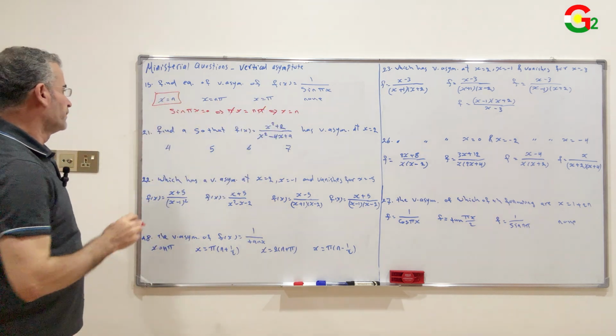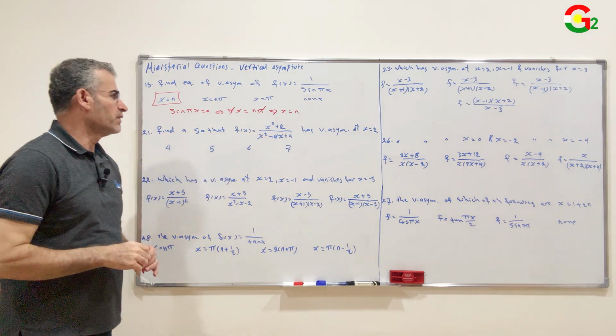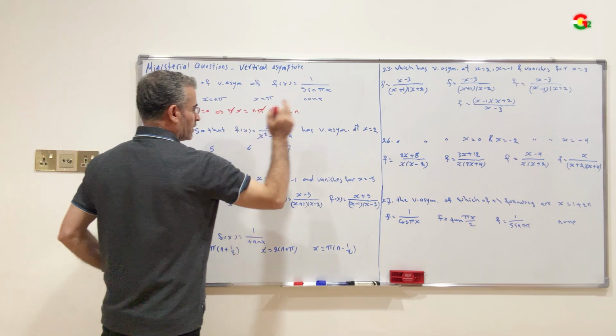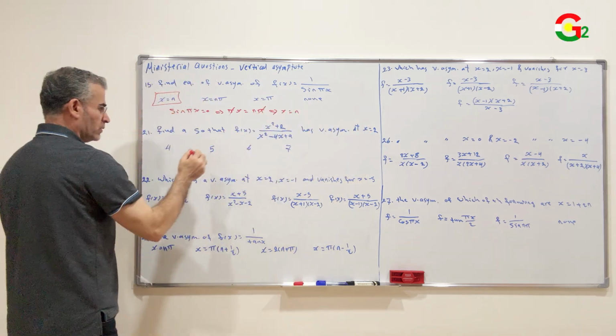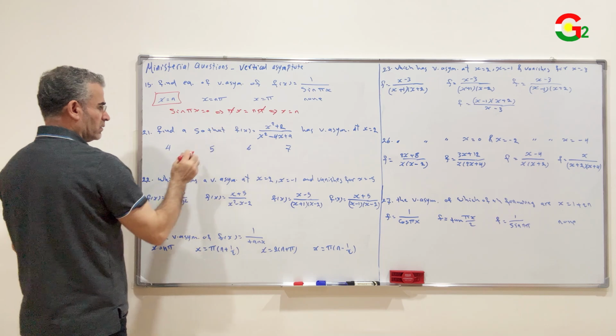Number 8. Find the value of a so that the function has a vertical asymptote at x equal 2. Since the function has a vertical asymptote at x equal 2, then 2 should make the denominator 0.